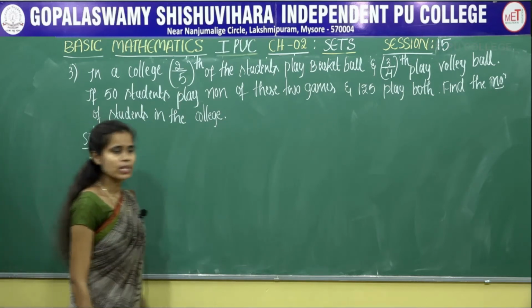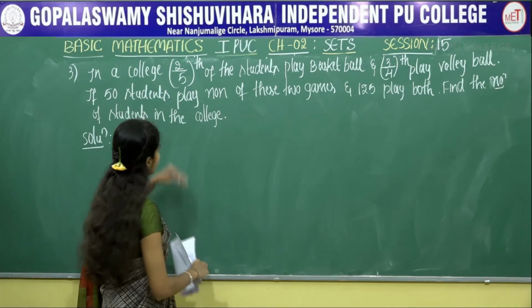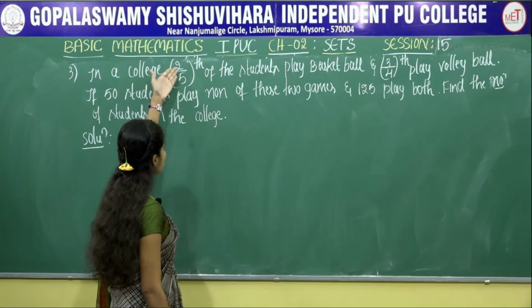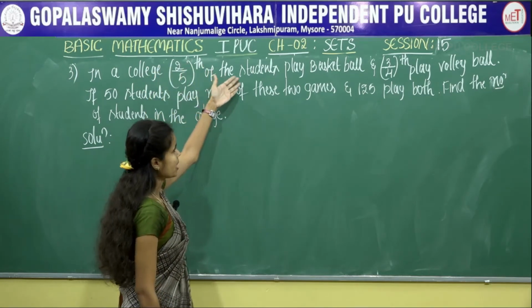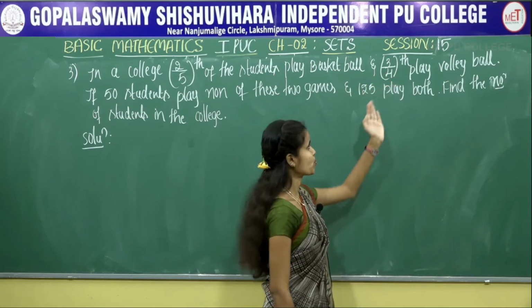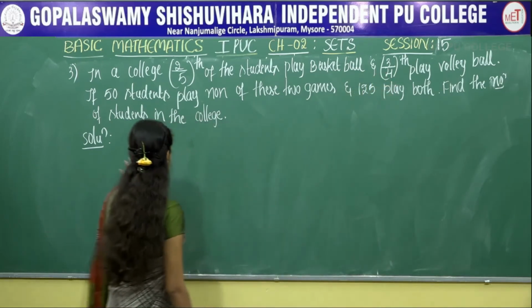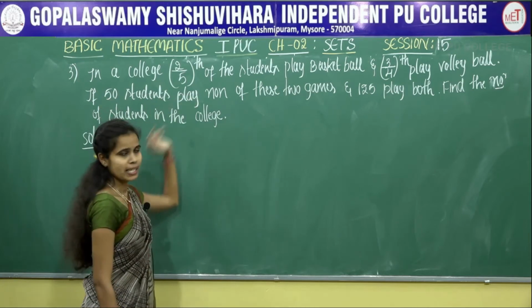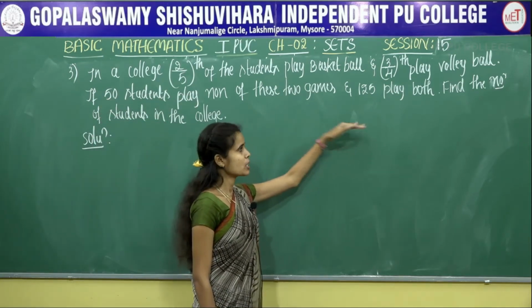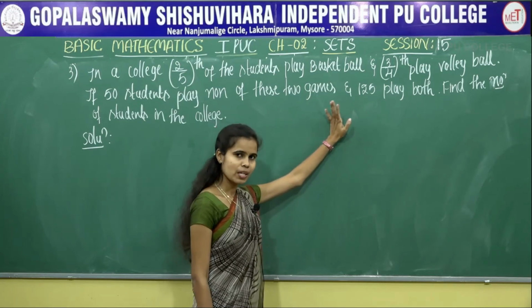Okay. So here we want to find the number of students in the college. Here it is given that 2 by 5th of the total number of students play basketball, 3 by 4th of the total number of students play volleyball, 50 do not play any of the games, and 125 play both. So here we want to find the total number of students.